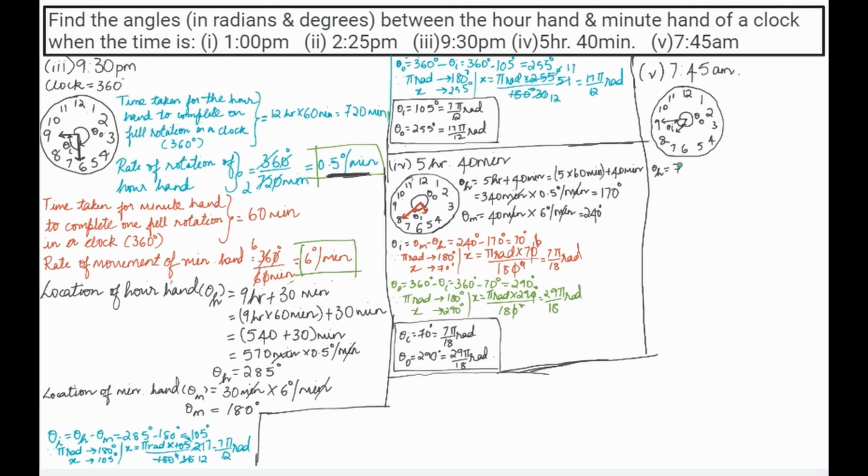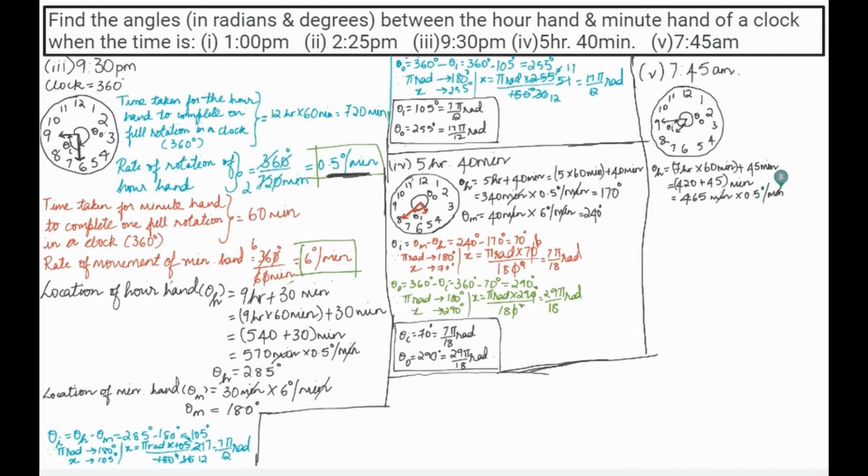That is 7 hours into 60 minutes plus 45 minutes, which is equal to 420 plus 45 minutes, which is equal to 465 minutes, and the rate of rotation of our hour hand is 0.5 degrees per minute.